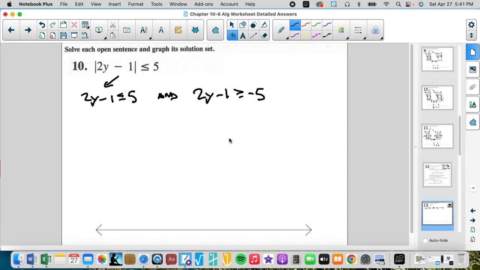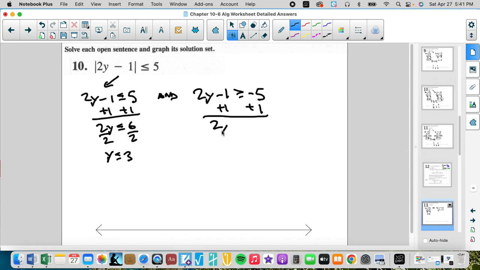Okay, so remember this is going to be an intersection. So we'll add 1, 2y is less than or equal to 6, divide by 2, y is less than or equal to 3. Add 1, 2y is greater than or equal to negative 4, divide by 2, y is greater than or equal to negative 2.